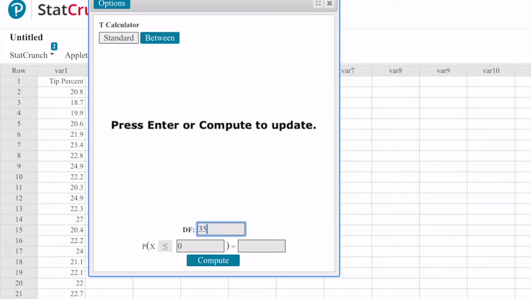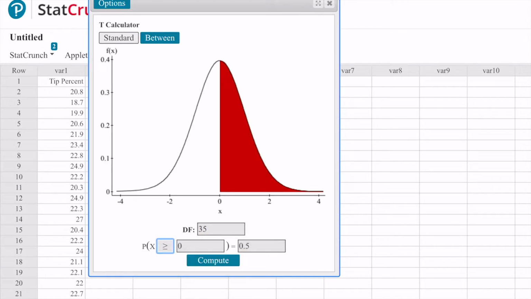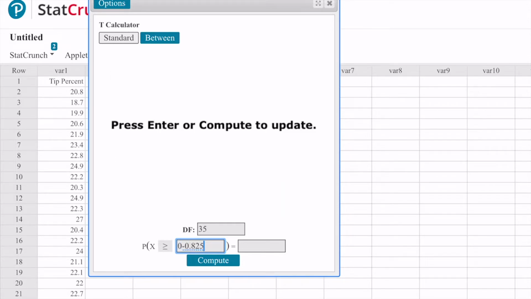We're calculating the probability that our t-score is greater than, so switch this over to a greater than, and our t-test, remember our t-score was a negative 0.825. Let me get rid of my 0 there. All right, there we go. That looks good. Let's go ahead and compute this.